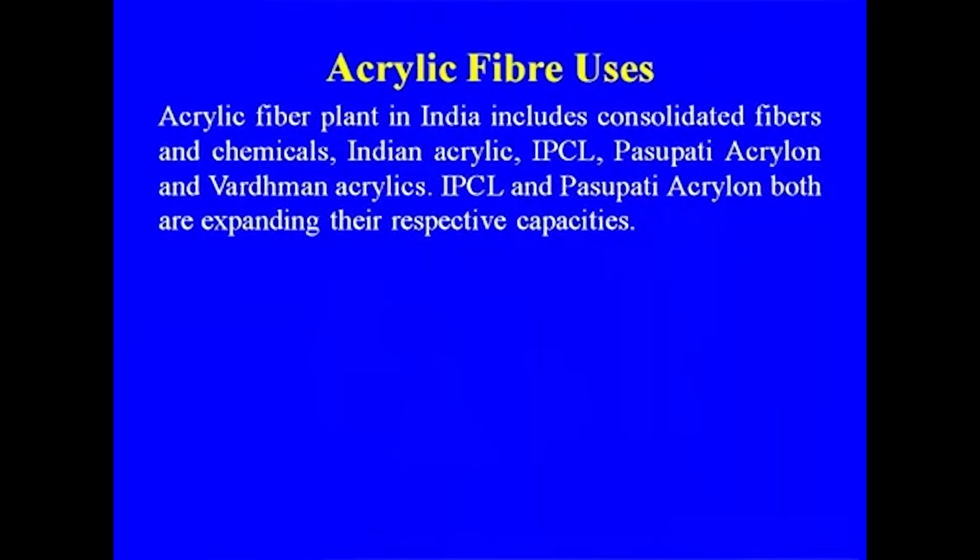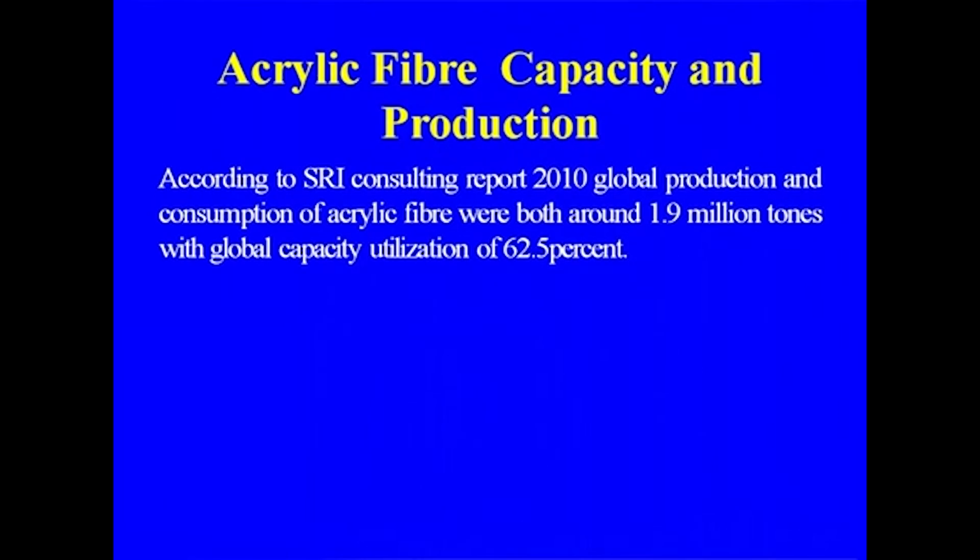IPCL and Pashupati Acrylonitrile are both expanding their respective capacity. According to the SRI Consulting Report 2010, production and consumption of acrylic fiber were both around 1.9 million tons, with a global capacity utilization of 62.5%.